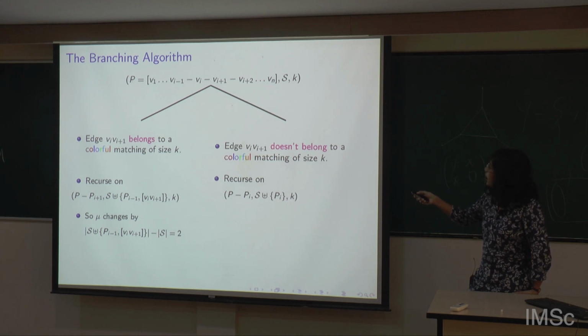Okay, so this is such an edge for which, from the prefix, exactly one edge goes into the solution, right? So from this part v1 to vi, I will have only one edge in the solution, so I add that into the set S, and the remaining path is what P is. So then the size of S increases by 1 and parameter K does not change.